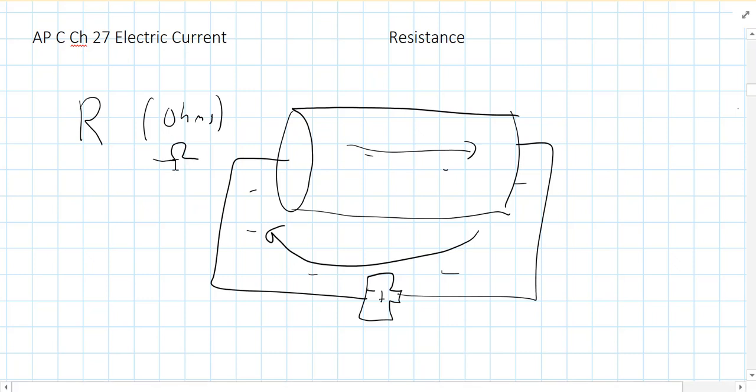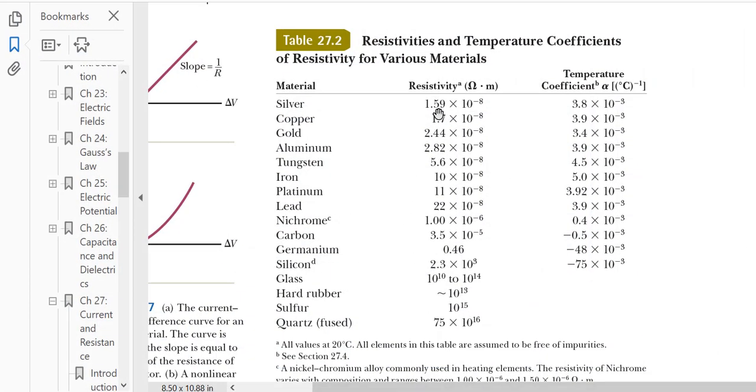And that resistance depends on something called resistivity, and that's a little rho. Resistivity depends on the type of material. Like in your book, you have a chart of resistivities. For instance, copper has a resistivity of 1.7 times 10 to the negative eighth.